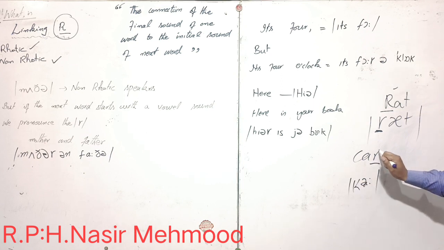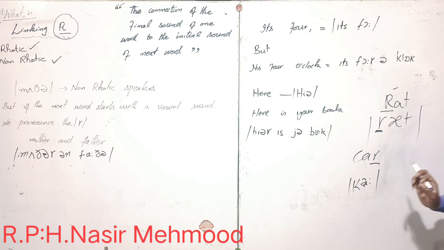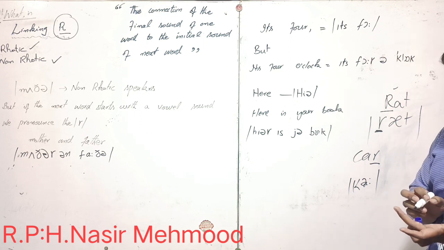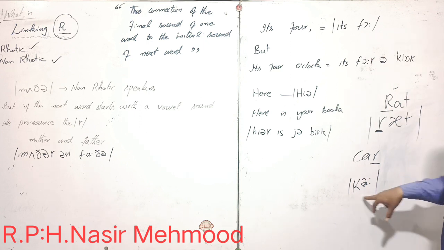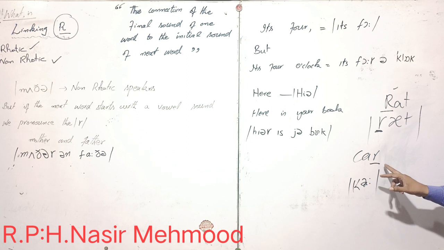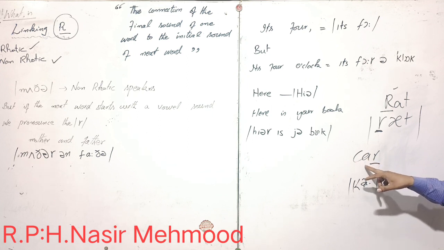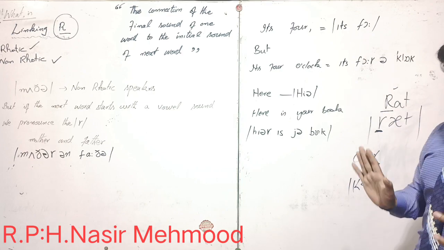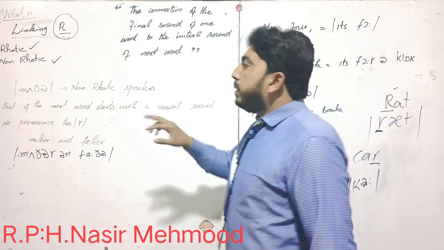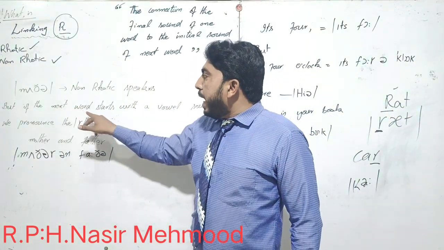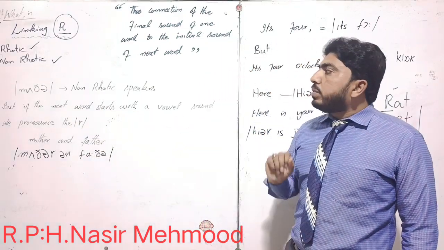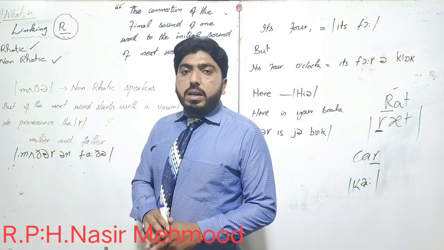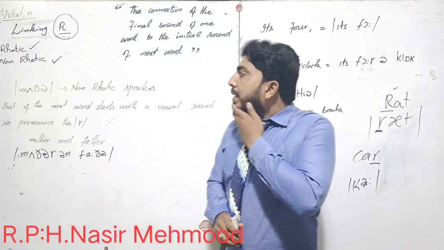So here the pronunciation of R is not present. It means when we have a single word and the R sound follows a vowel sound, the pronunciation of this R sound will be dropped. But if the next word starts with a vowel sound, we pronounce the R sound. What does it mean?